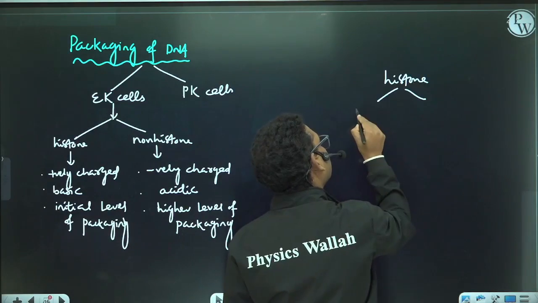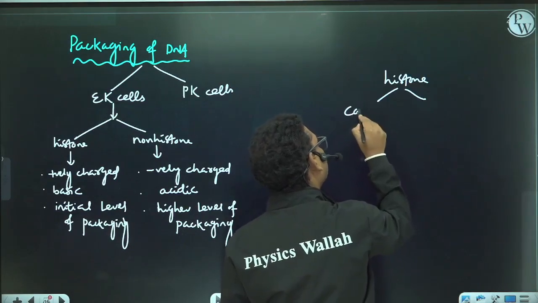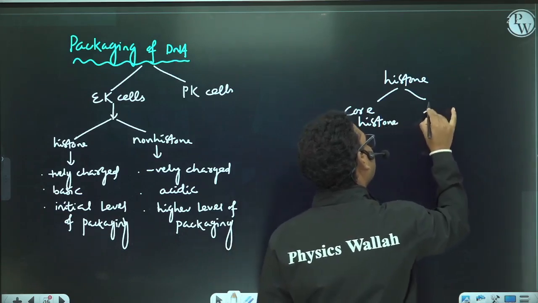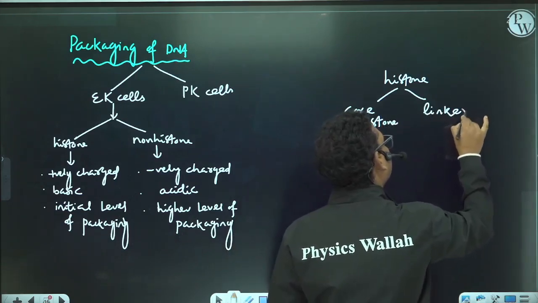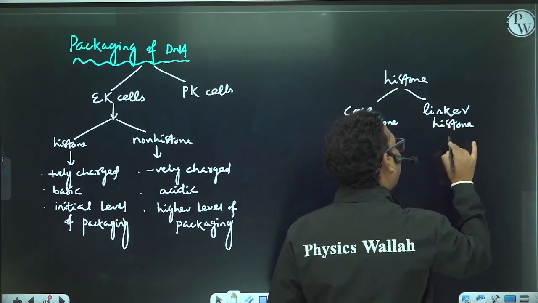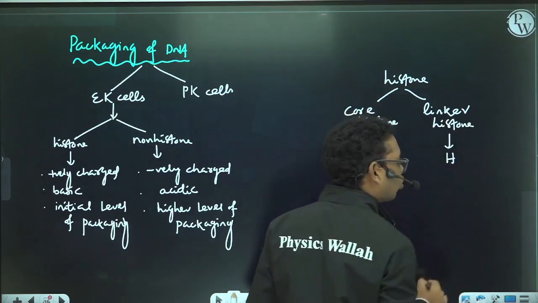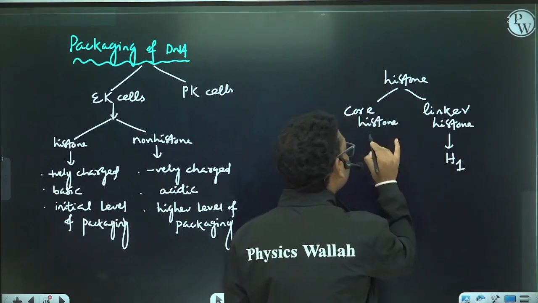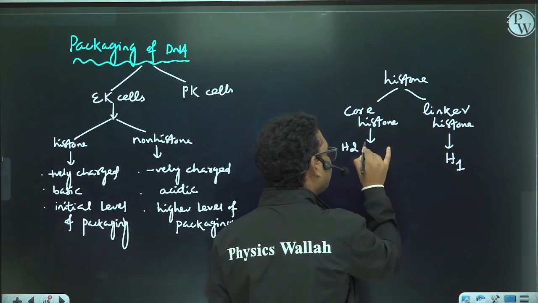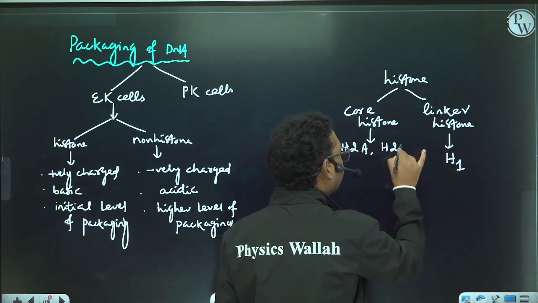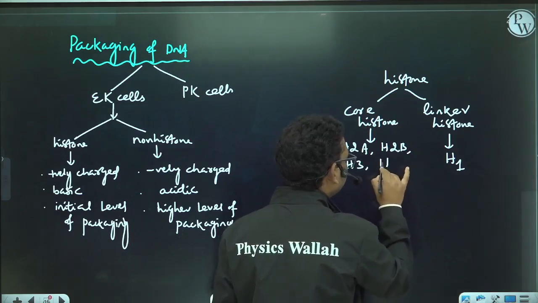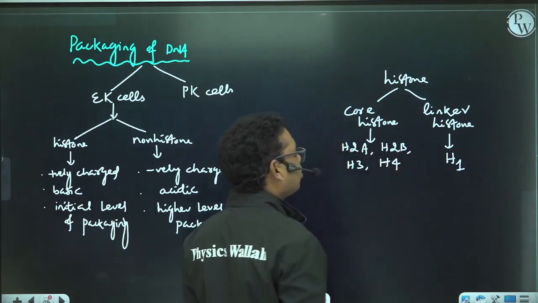This linker histone is the H1 protein, where H is for histone. What about core histone? The core histones are of various types like H2A, H2B, H3, and H4. These are various histones.